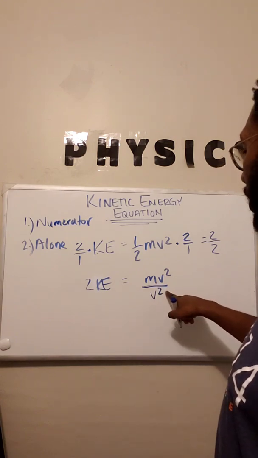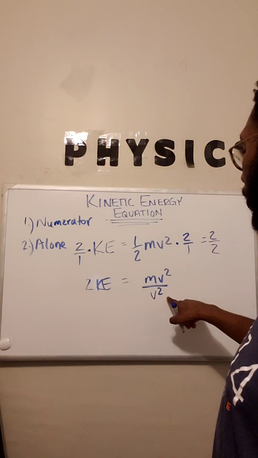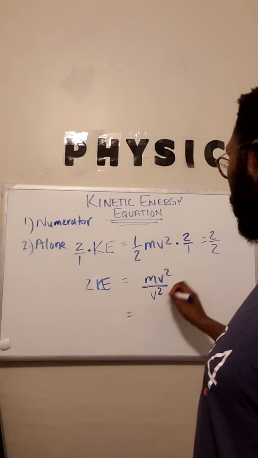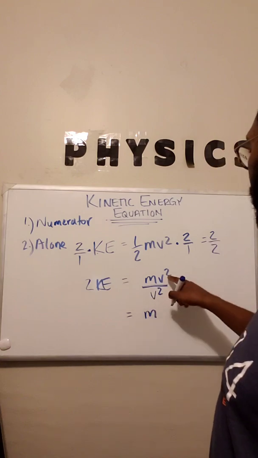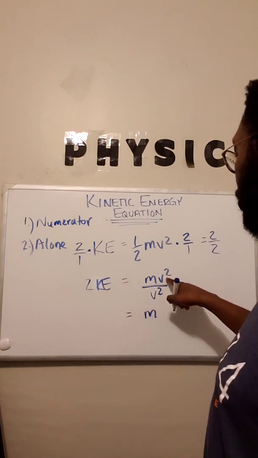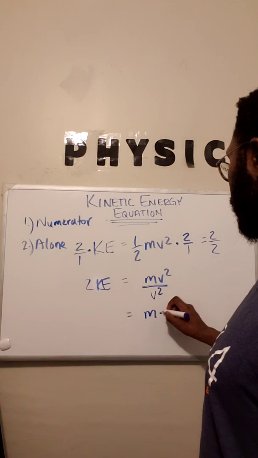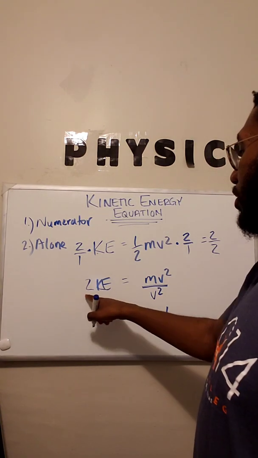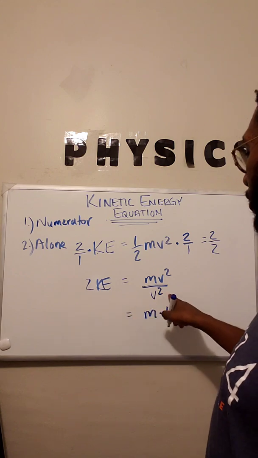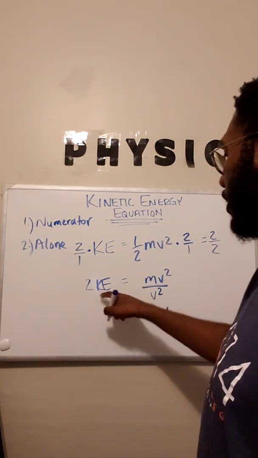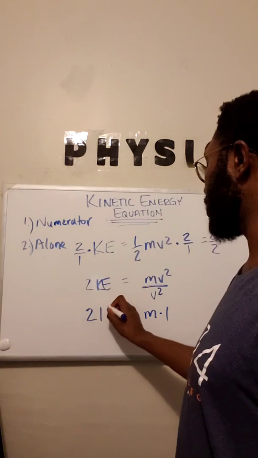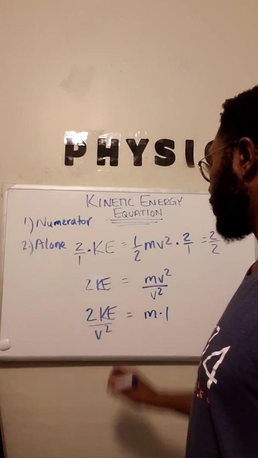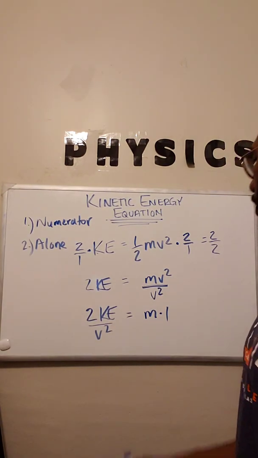And when I have something on the top and something on the bottom, then I can actually make that equal to 1. So that means m times v squared over v squared, which is m times 1. All right. Now I also have to divide this side by v squared as well. So that's going to be 2KE divided by v squared.